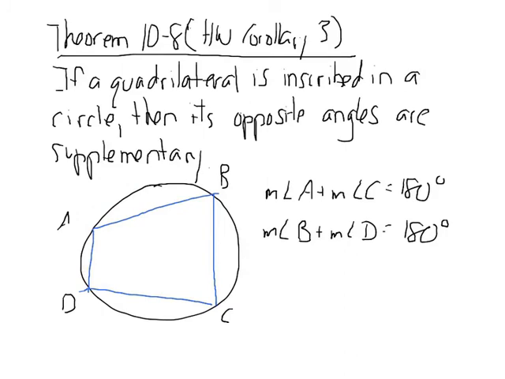Well, combined, those two arcs give me the entire circle. So, if I know that angle A is 1/2 the measure of arc BCD, and I know that angle C is 1/2 the measure of arc DAB, that means that the two angles added up must be 1/2 of 360 degrees, or 180 degrees. And you can show that similarly with angles B and D.